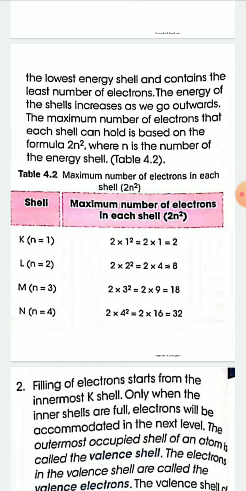So the number of electrons in a particular cell is according to the 2n square rule.